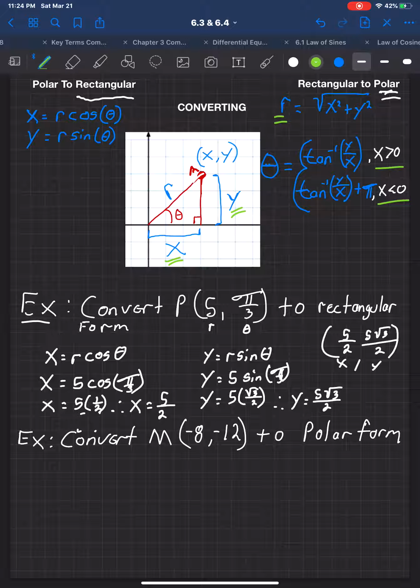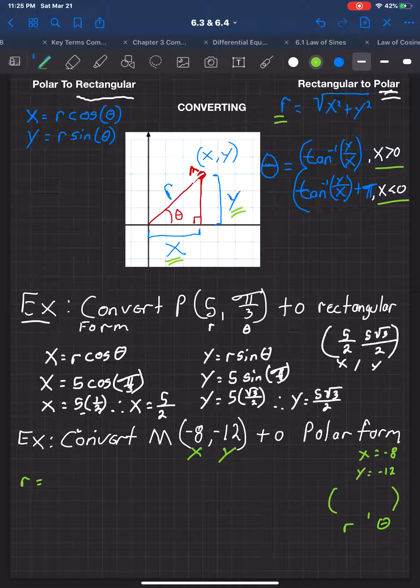In the next example, we are given an x value and we're given a y value, right? We're told that x is equal to -8, and we're told that y is equal to -12. And what do we want? Well, we want to convert that to polar form. So we want our answer to look like this. All right, let's start with r. R is easy.